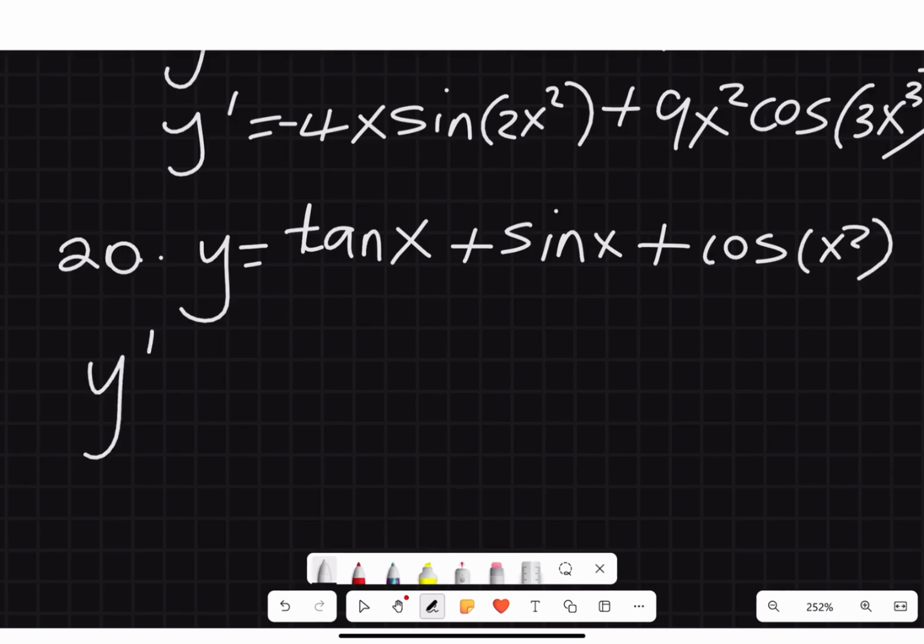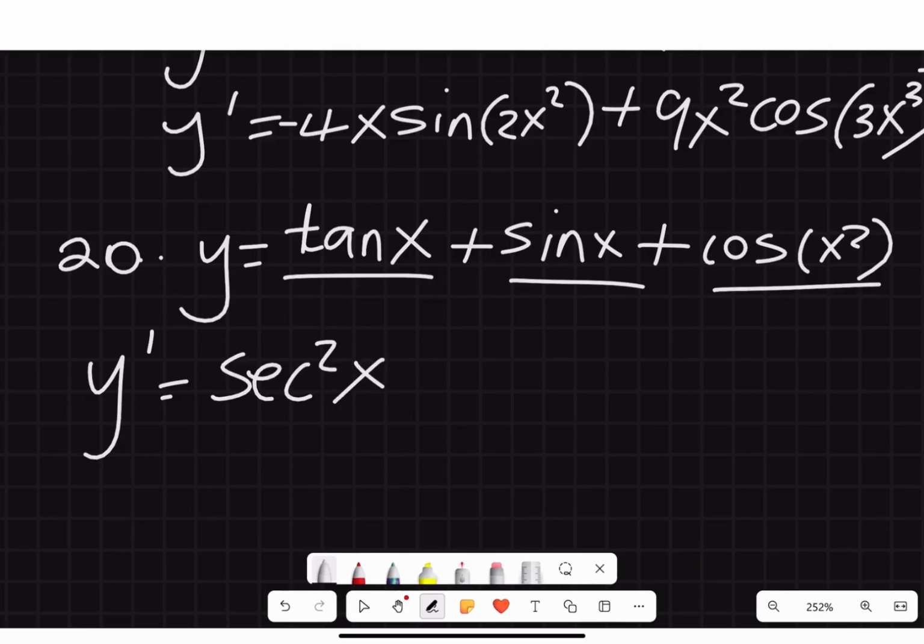So the derivative would be the sum of the derivatives, right? So the derivative of tan, I'm sure from the table you already know that is going to be sec squared x. The derivative of sine is cosine of x. And then here, because the angle is not x, I need to firstly start by differentiating the angle, which gives me 2x.